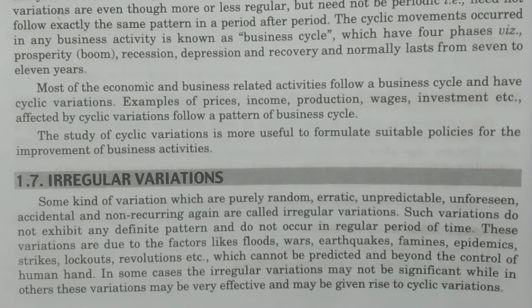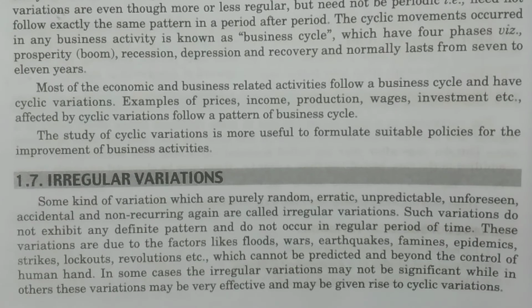Therefore, irregular variations cannot be identified or eliminated. These variations occur in an erratic fashion, purely randomly. Such variations cannot be identified by human endeavor, and are only to be isolated.